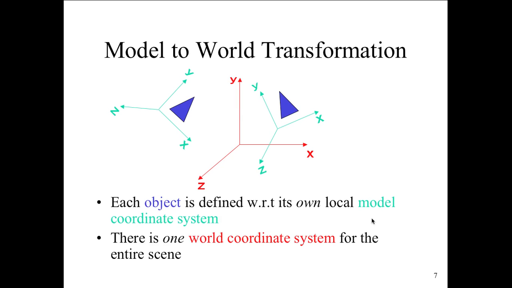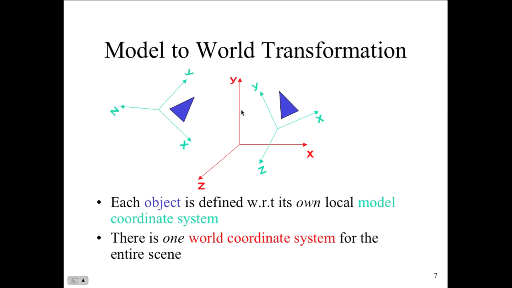So here's the model to world transformations, and we actually looked at this last time. Each object is defined by its own model coordinate system that's inside of the world coordinate system. So this is one individual object here, and the object has its own coordinate system.